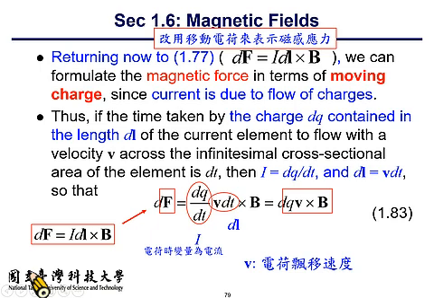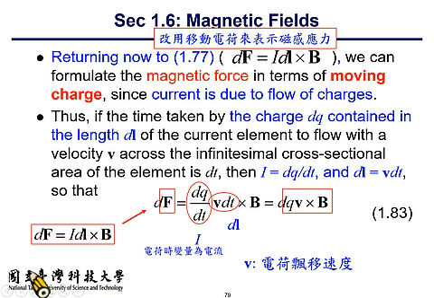So dl can be replaced with v dt. If you do the two replacements, then the dt in the denominator and numerator cancels. So you end up with dq times v cross B.